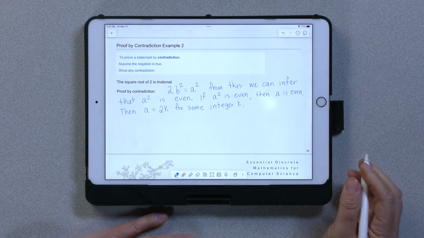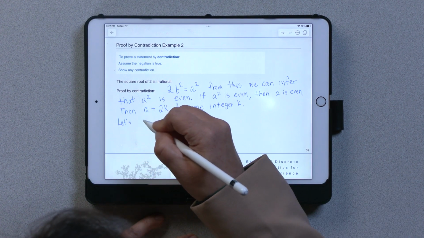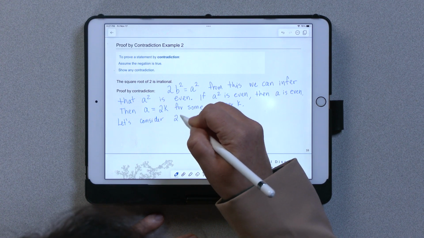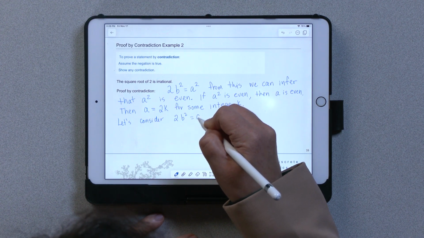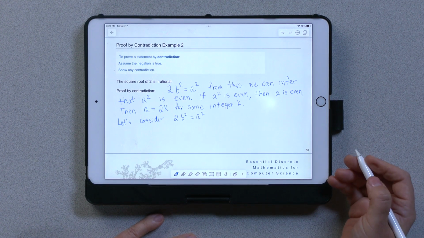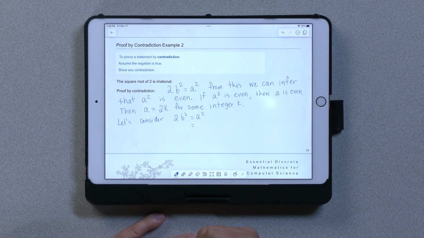Okay, let's look at our equation again. Let's consider 2b squared equals a squared again. But now I want to do a substitution with a equal to 2k, because now we know that a is even.